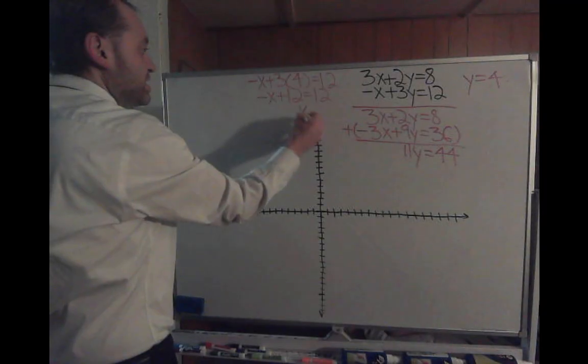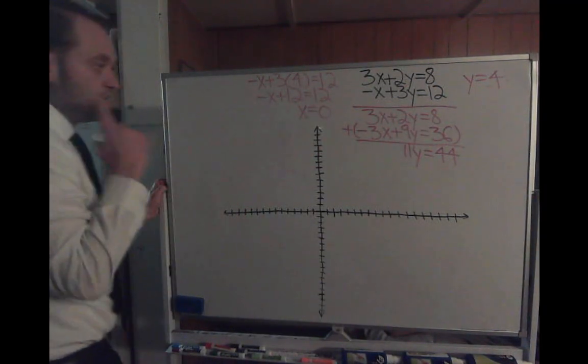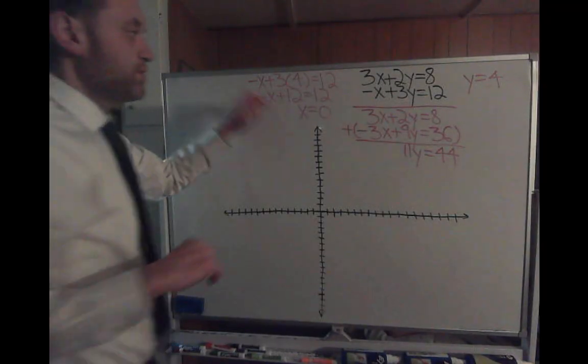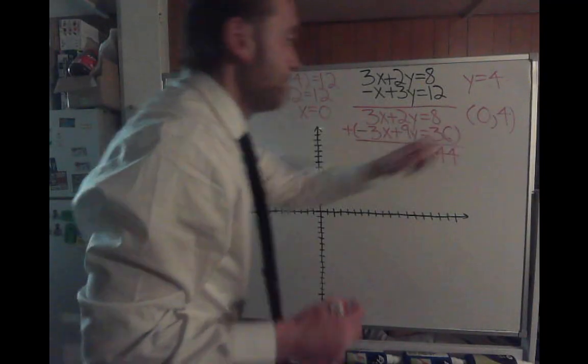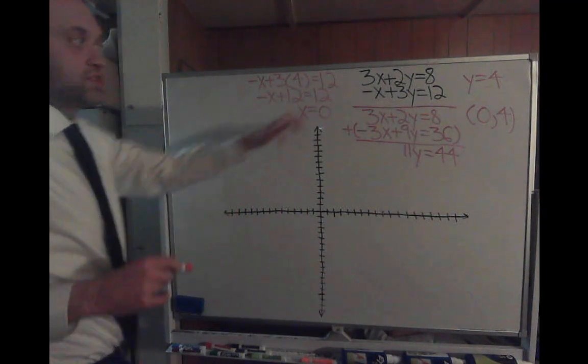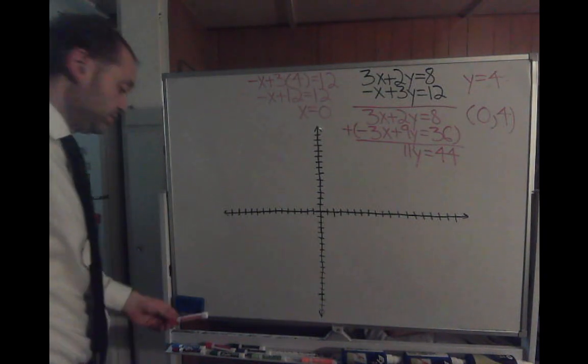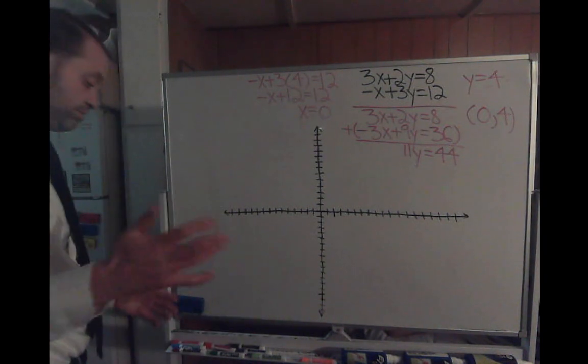Well, x would just equal 0. So the coordinate for my point of intersection would be at 0, 4. So at the point 0, 4 is my point of intersection for these two particular lines. Great, I found the point of intersection.